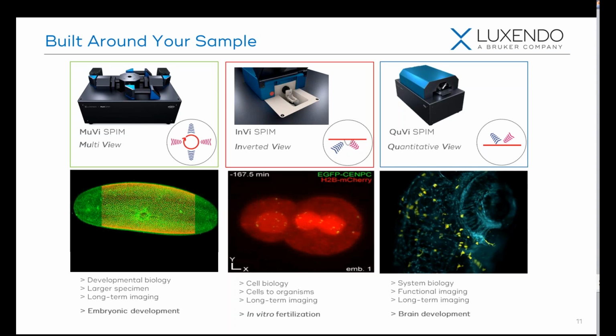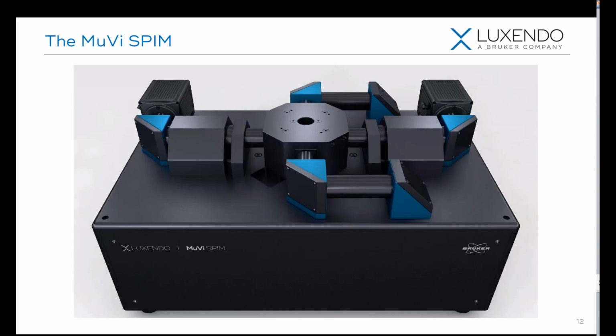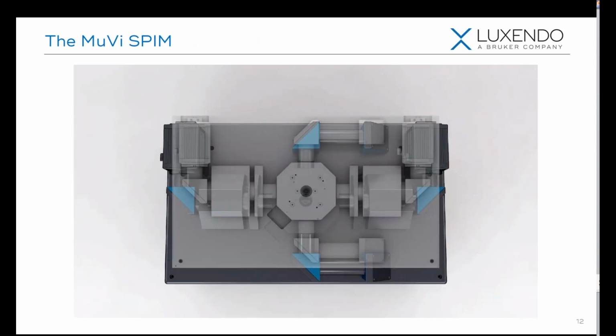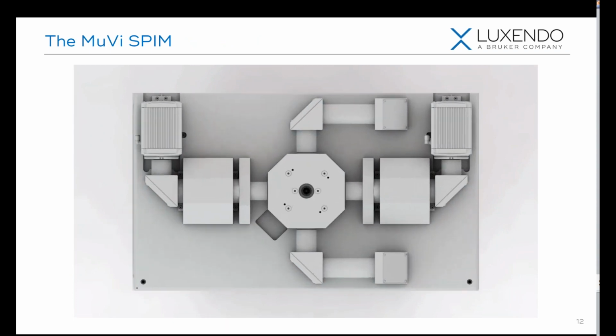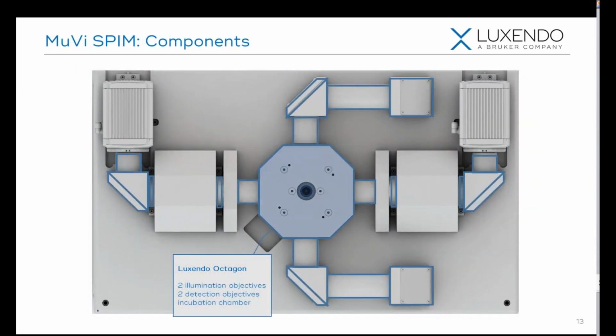So let's start with our flagship system, the multi-view SPIM or the MOVI. This system is composed of a couple different parts. The first and the main part of this is the Luxendo octagon, in which we house the four objectives: our two illumination objectives and our two detection objectives.